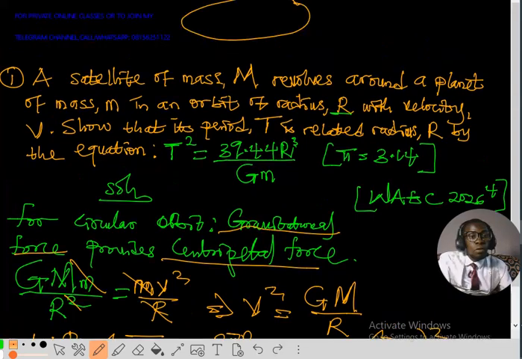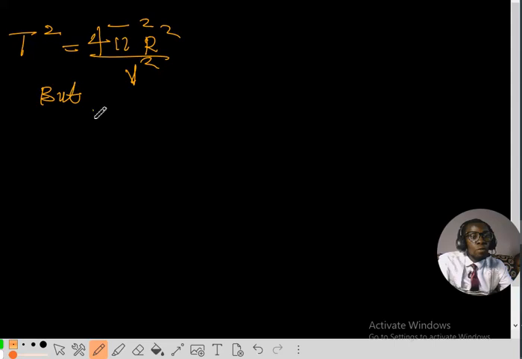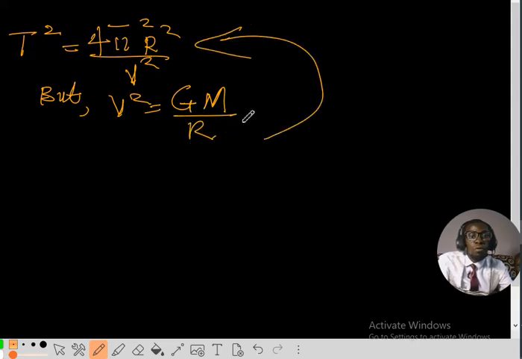If everything is squared, you have T squared equals 4 pi squared r squared over v squared. But we already had a value for v squared, which is GM over r. So put that into this equation.